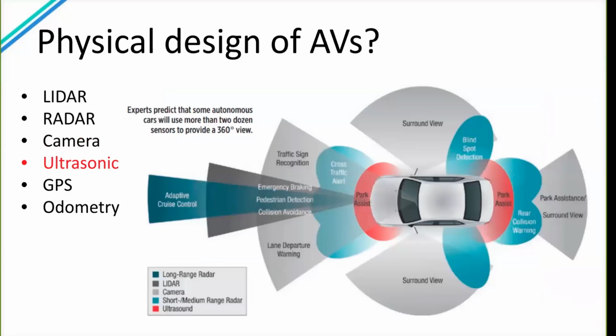And then ultrasonic. This is basically sound. Ultrasonic sensors use ultrasonic waves, sound waves sent across from this point to that point. They are mainly meant for understanding if there is anything very close to us. For example, in some of the cars we have right now, when we are moving back and getting close to some obstacles, we get a slight alarm saying that you're close to some vehicle.